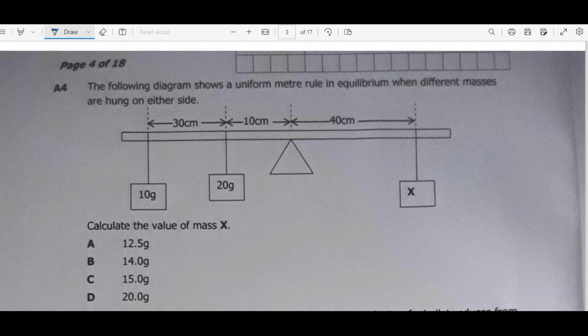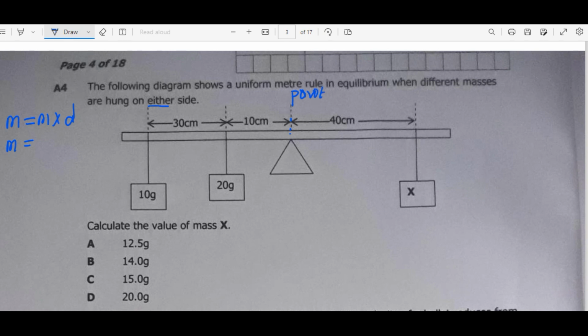So let's find these two individual moments on the left side. Say moment is equal to, we know that it's force times distance. Now since we are dealing with mass, we'll just say mass times distance. Remember, the distance is always considered from the pivot. So the pivot is here. This is our pivot.